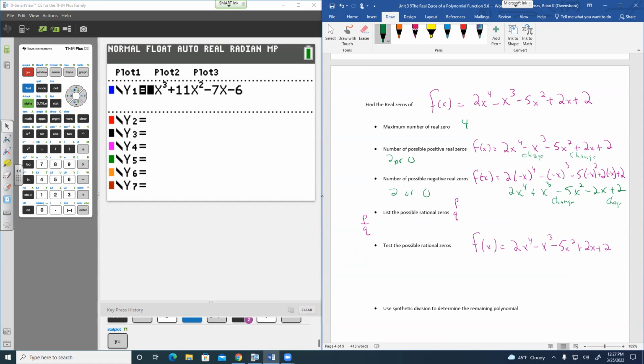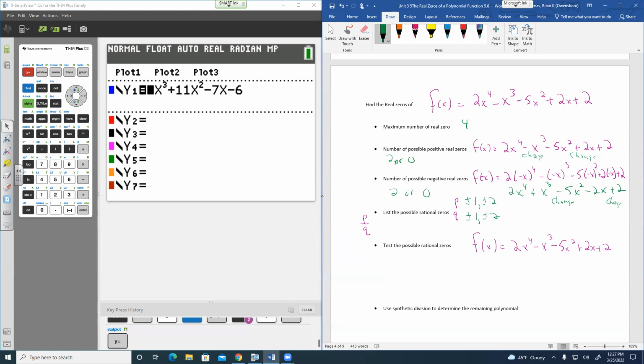So what I need is the factors of p. So p comes from the constant. That's 1 times 2. So I'd have plus or minus 1, plus or minus 2. The factors of q, again, since it's just a 2, it's just going to be a 1 and a 2 again. So plus or minus 1, plus or minus 2. And so the possible rational zeros is going to be p over q.